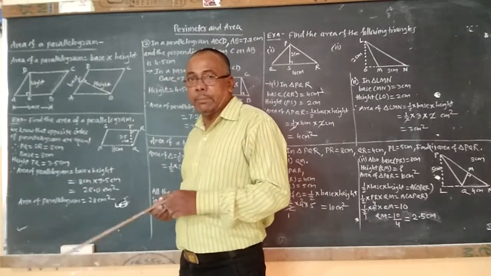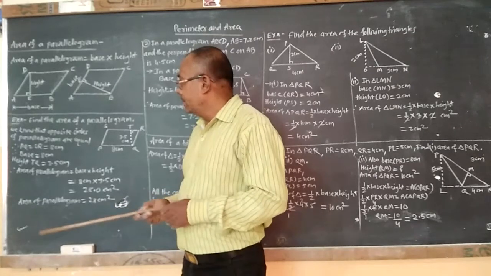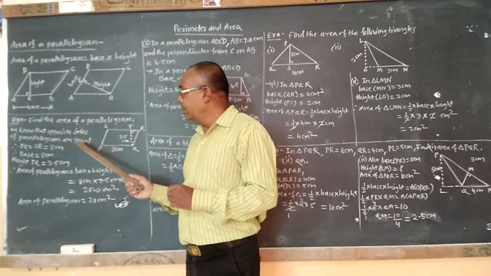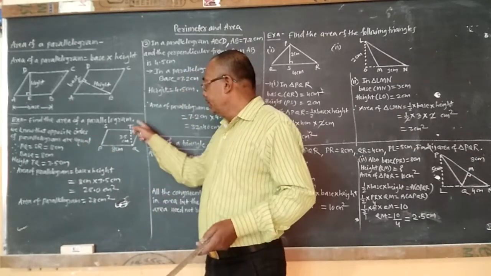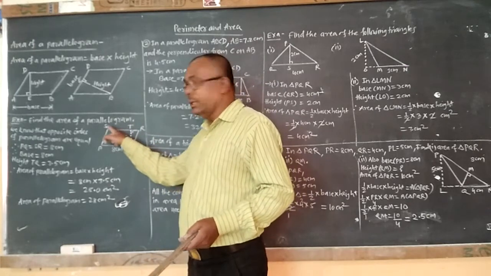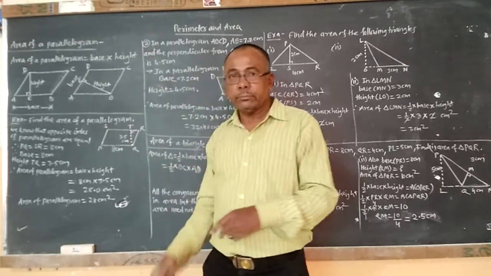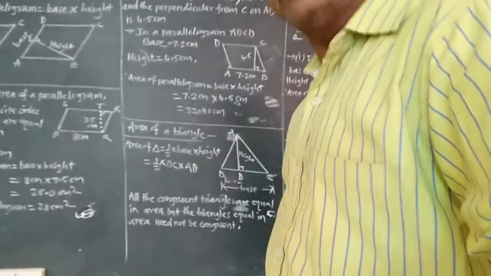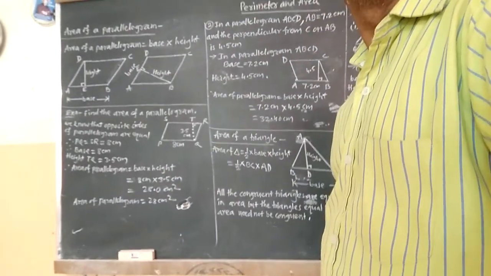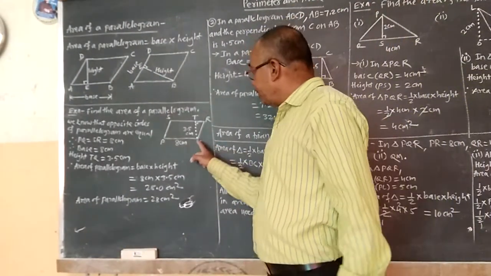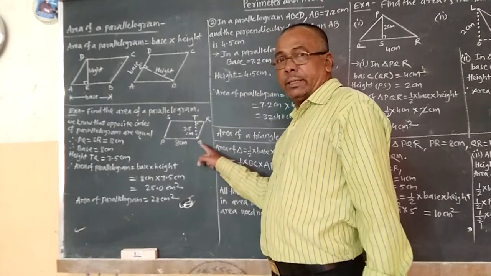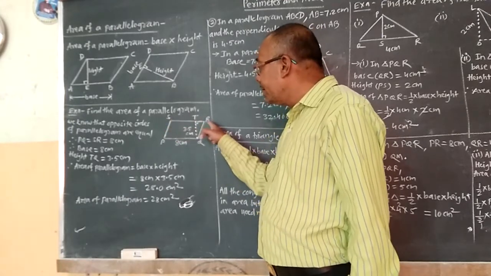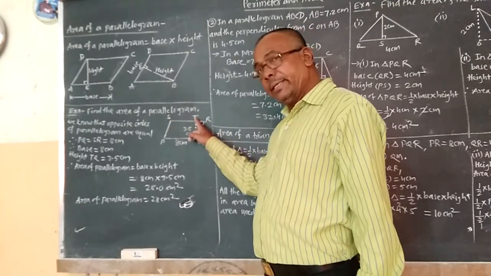Now we will see one example: find the area of the parallelogram. Here PQRS is a parallelogram, and from the vertex Q a perpendicular QT is drawn, and it intersects the opposite side SR. So SR is the base and QT is the height.